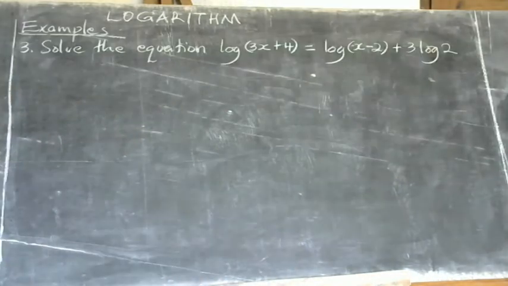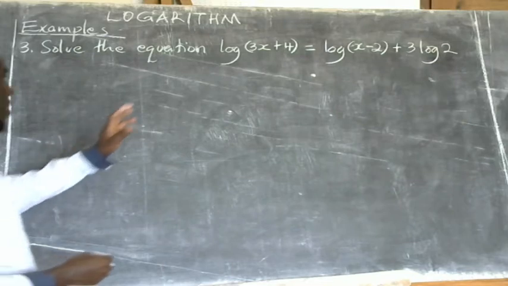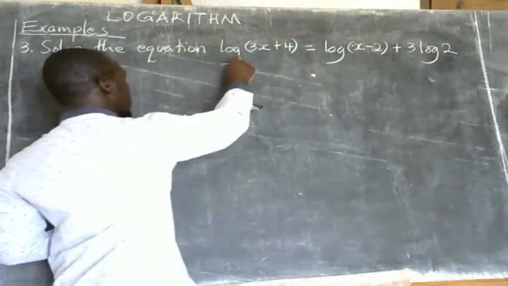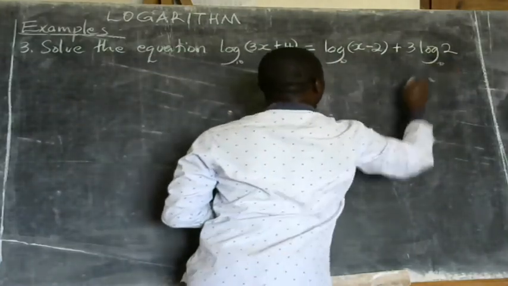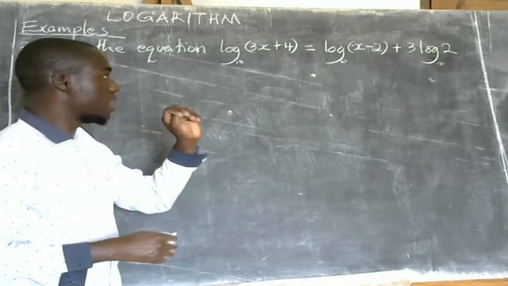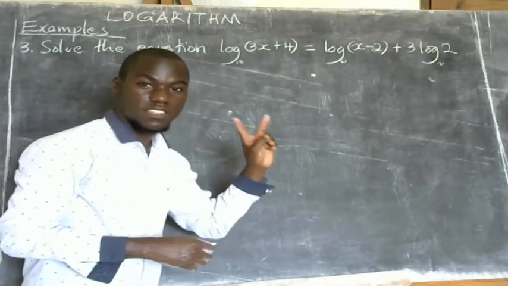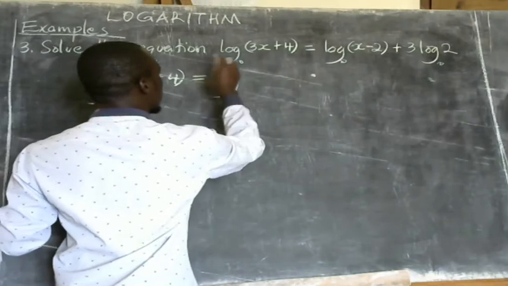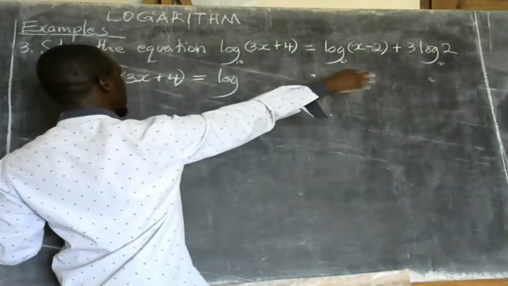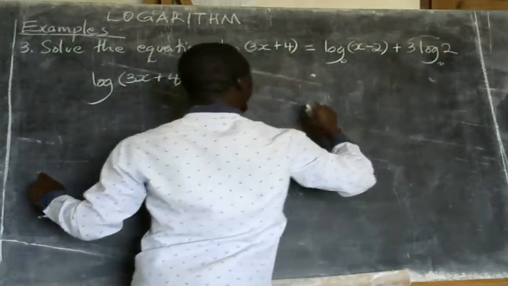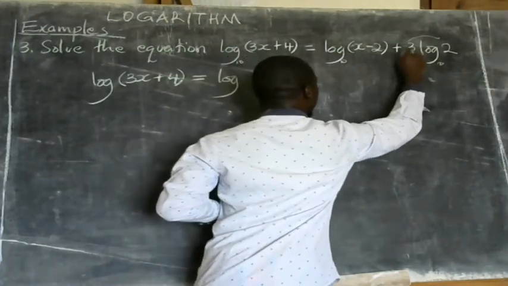Our example 3 there, they have told us to solve the equation. All of the terms there, they are having log to a uniform base, which is base 10. So my aim is to see that both sides I'm having a single logarithm. Then thereafter, I equate the two. So on the right hand side, I'm going to first take back this there because I cannot write a single logarithm if there is a value there.